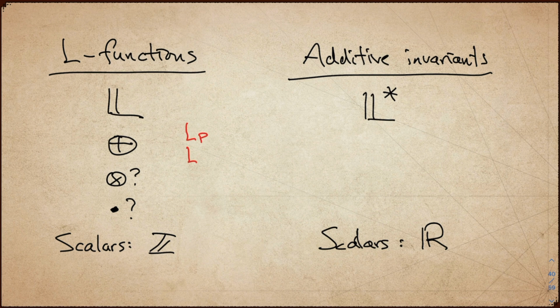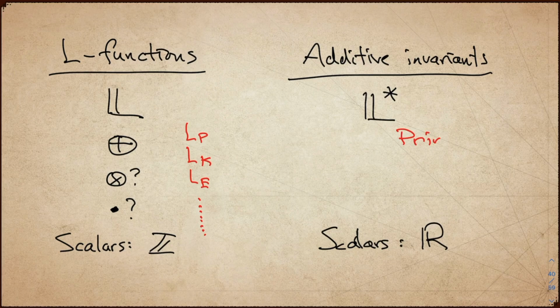Every L function is an element of L. What are the elements of L star? Well, every prime can be viewed as an element here by identifying, for example, 5 with the invariant n5. Every prime power is also an element here, but before we can explain exactly how, we first need to talk about something called finite fields.